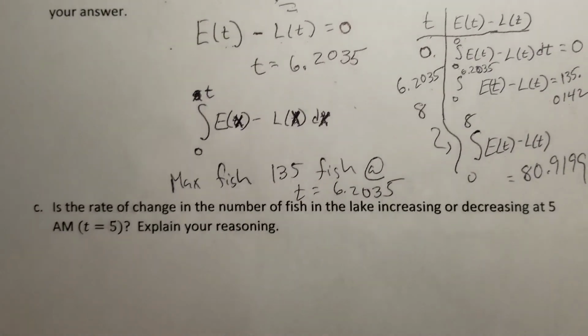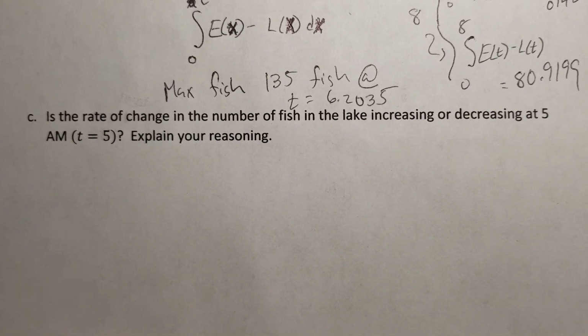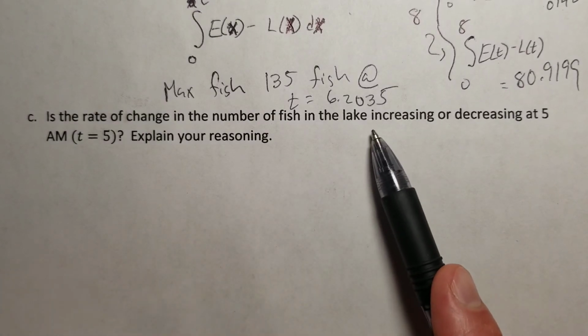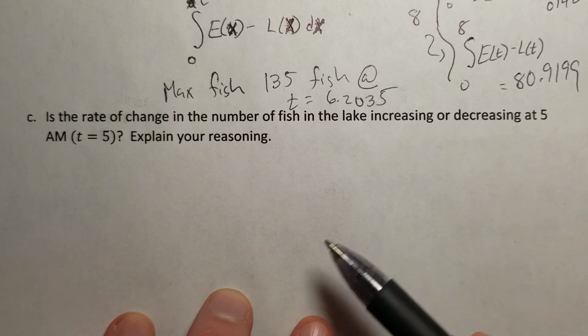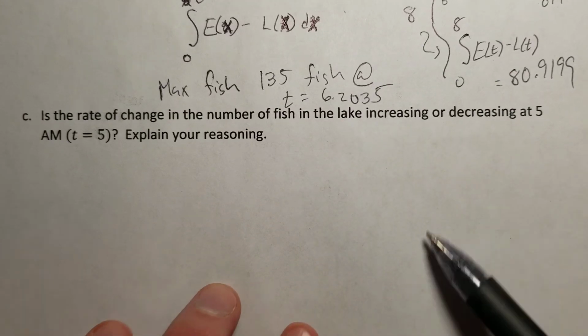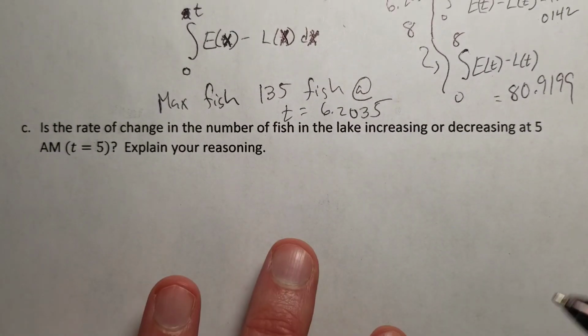All right, let's go ahead and jump down to C. Last one for this one. Is the rate of change in the number of fish in the lake increasing or decreasing at 5 a.m.? t equals 5. So for this one, we want to see if the number of fish in the lake is increasing or decreasing. Number of fish increasing or decreasing should be taking a look at the first derivative level. Okay?